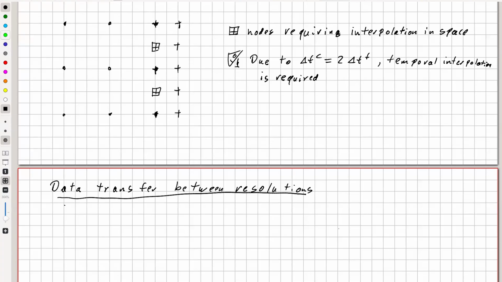And in order to get this appropriately done, we split the pre-collision distribution in an equilibrium and non-equilibrium part.